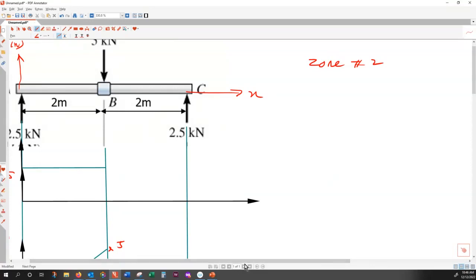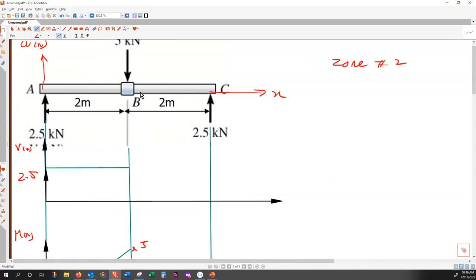For the sake of convenience, I would like to bring the coordinate system right at B, so that x is changing between B and C. With the coordinate system at point B, my x is changing again between 0 and 2. So here, I need to identify W of x.